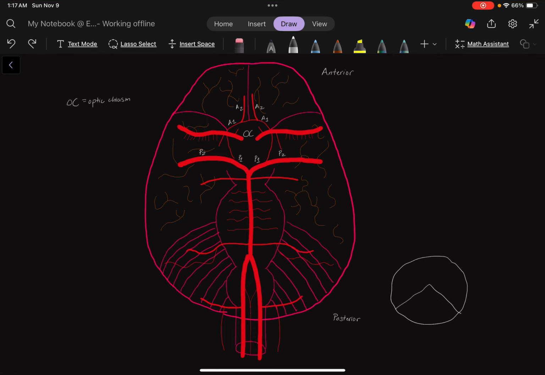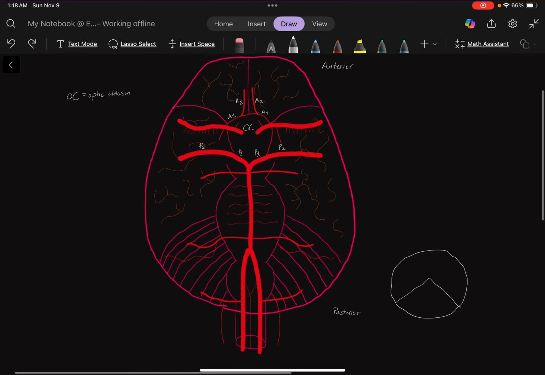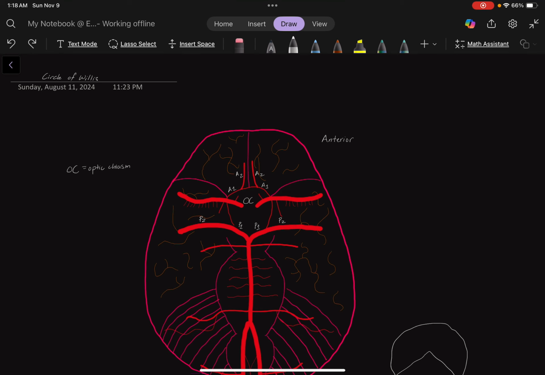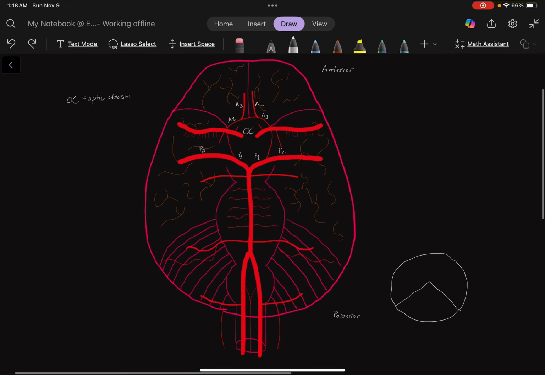Think of the internal carotid artery coming out of the page towards us, and it would be those two circles over there. And the posterior circulation of the brain is mainly derived from the vertebral arteries, which are these big long arteries over here.